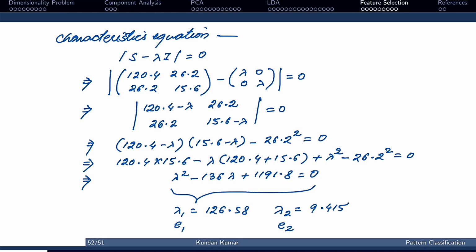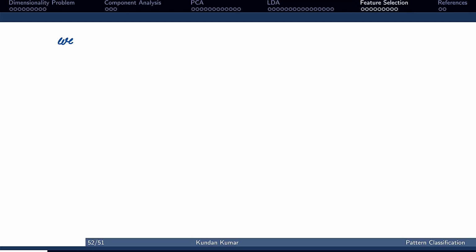Now we can find the corresponding eigenvector. We know that S E1 equal to lambda 1 E1. To compute the eigenvector E1 corresponding to the eigenvalue lambda 1, it must satisfy this equation.